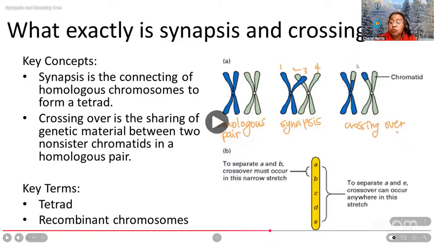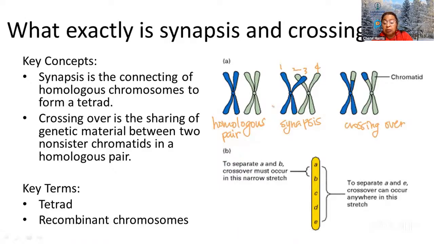When they break apart during meiosis, this whole blue one will go one way, this green and blue one will go one way, this blue and green one will go one way, and this totally green one. So that's 4 different chromosomes that will end up in the 4 resulting cells in meiosis.